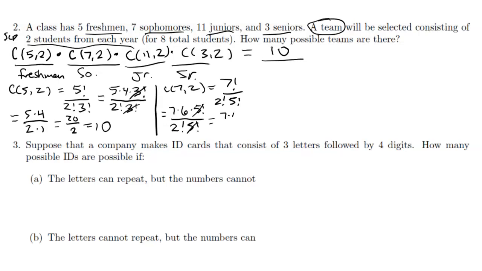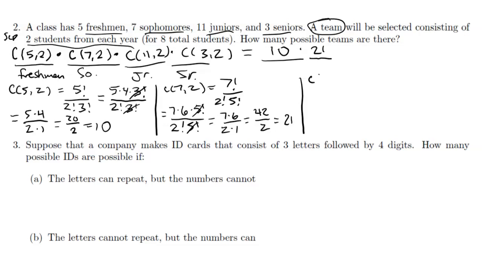So then we've got 7 times 6 divided by 2 times 1. 7 times 6 is 42, divided by 2, which means we're going to be left with 21. So my next blank is going to be 21.